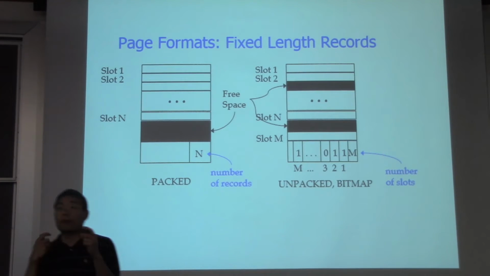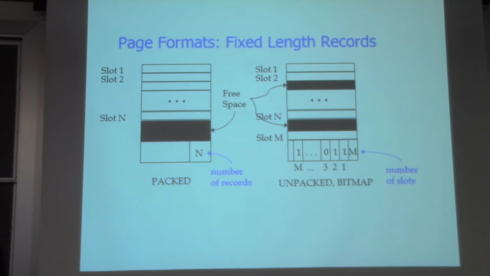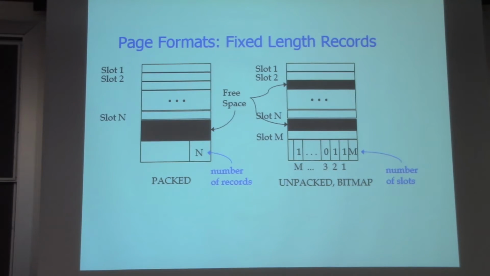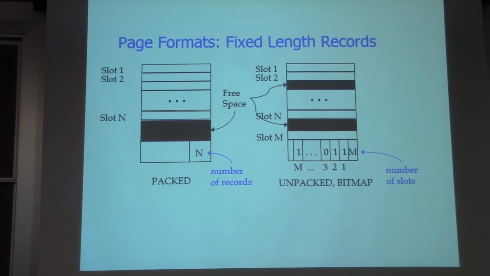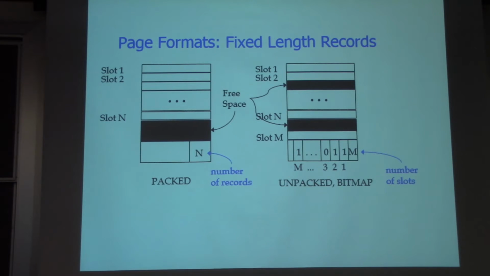Because again, you are talking about fixed length records. n times the length of one record gives you the offset of that boundary line. And you don't need to remember these boundary lines because you can figure them out automatically once you know the record length. Okay? You follow me?